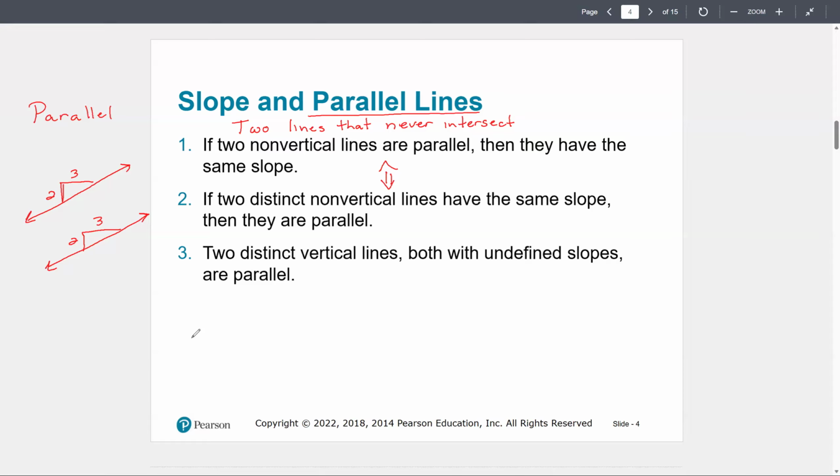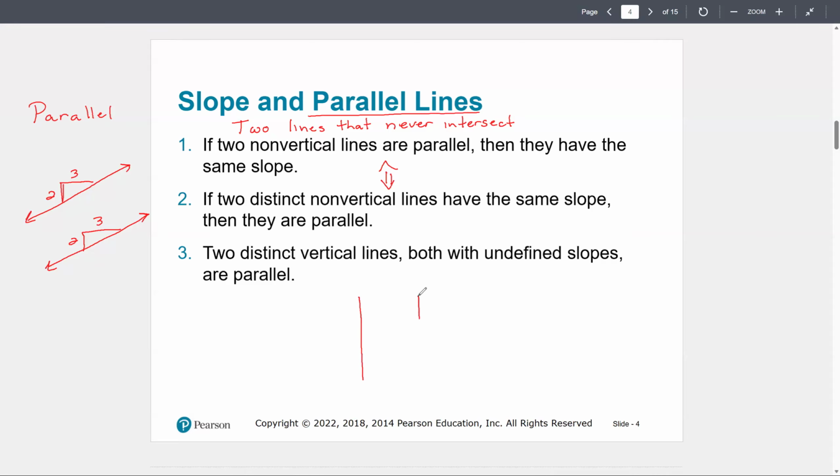So parallel lines, like I said, we know we're going to have the same slope, and two non-vertical lines with the same slope are going to be parallel. So that's an if and only if statement. It goes both ways. If we have two distinct vertical lines, both have undefined slopes, then we know they're going to be parallel.